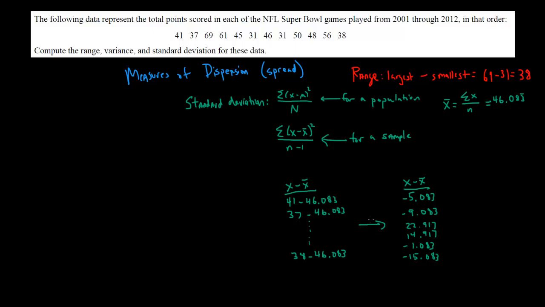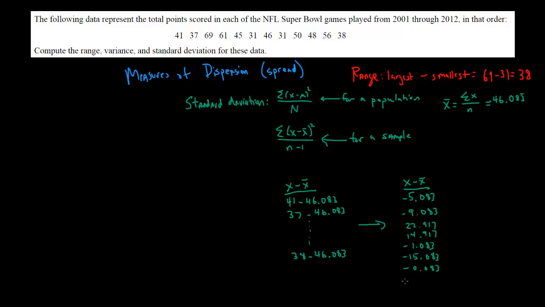Then we have 46 minus 46.083. Now that should be easy. That's negative 0.083. Then we have, again, 31 minus 46.083.